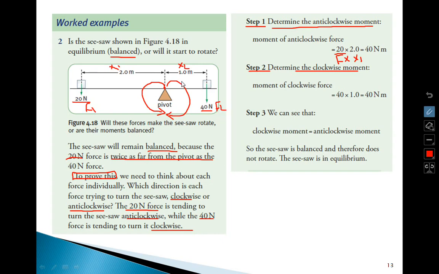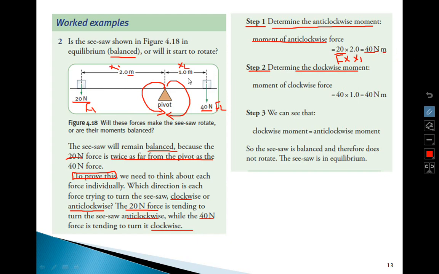So the moment of the clockwise force is F2 times x2, and anti-clockwise is F1 times x1. So the moment of the anti-clockwise force is equal to 20 Newton times 2 meter, which is 40 Newton meter.